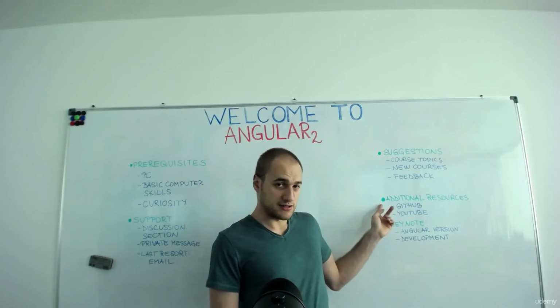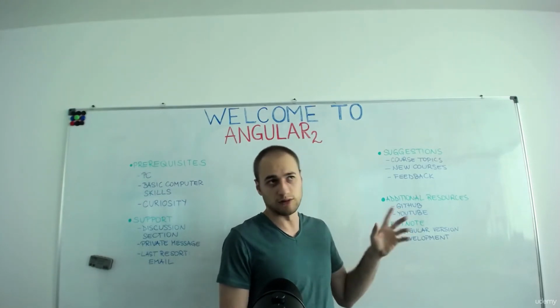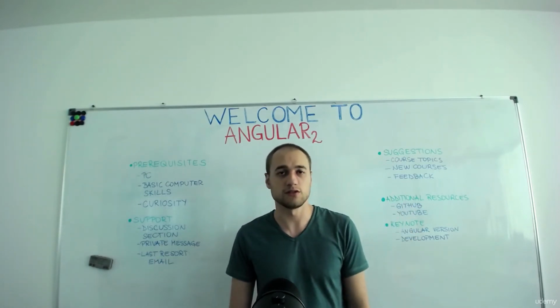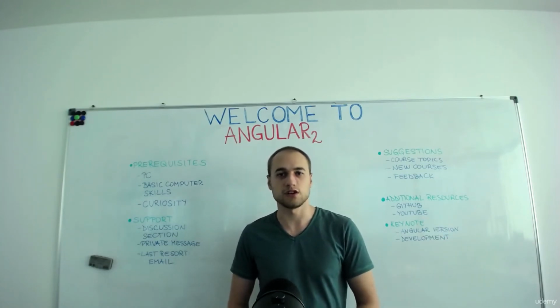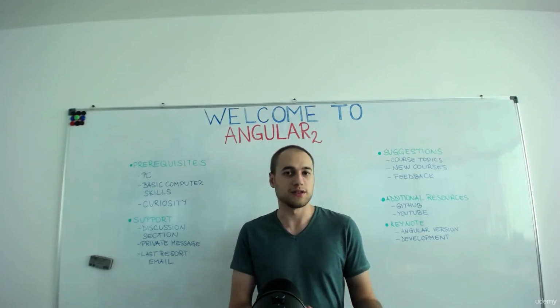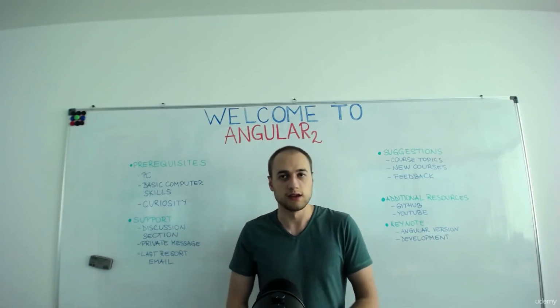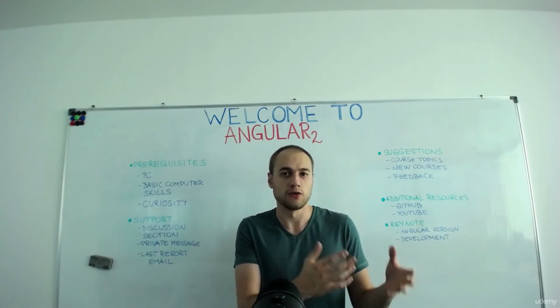Some additional resources. You can find the code on GitHub, most of it, and you can find some additional videos and material on YouTube. Neither of these two sites requires any registration to access the resources related to this course. So you can just follow the links and have a look at the material that you might require for the course.